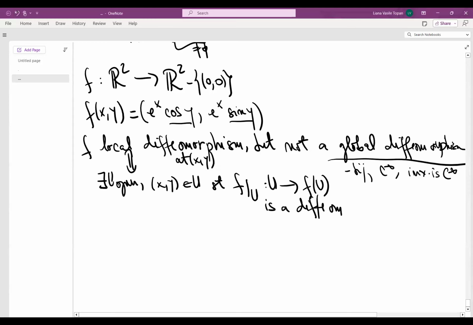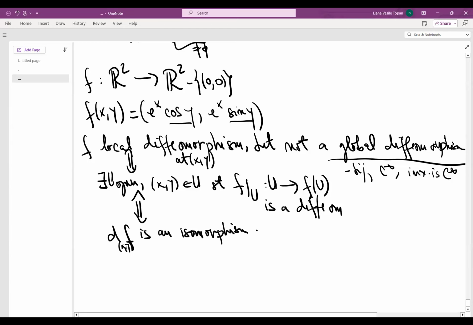Now this comes down to the fact that the differential of F is an isomorphism at (x, y), an isomorphism of vector spaces.